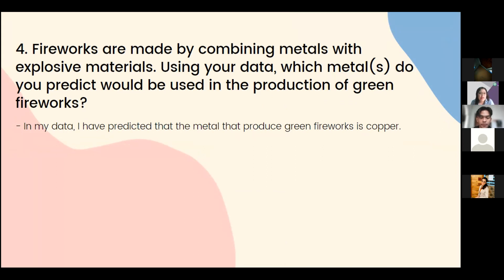So in this one, if you want to have a green fireworks, yes, you can have the copper, but the copper kasi is dependent kung ano yung kasama niya, kung halogen like copper chloride, copper bromide, minsan green siya, minsan blue. So kung gusto mo talagang green fireworks, the answer here is barium.